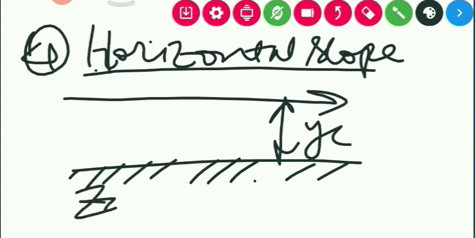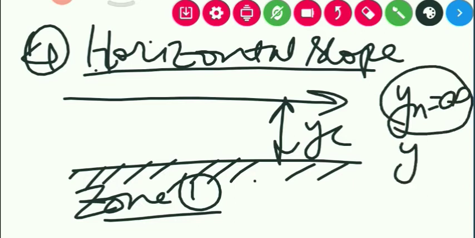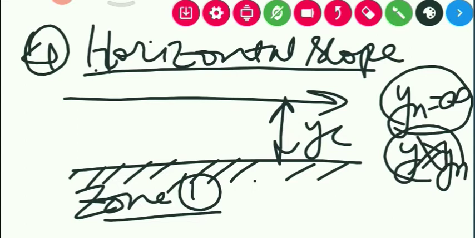So here zone 1 does not exist, because yn is at infinity. The case where y is greater than yn is not existent over here. So zone 1 does not exist in this case.